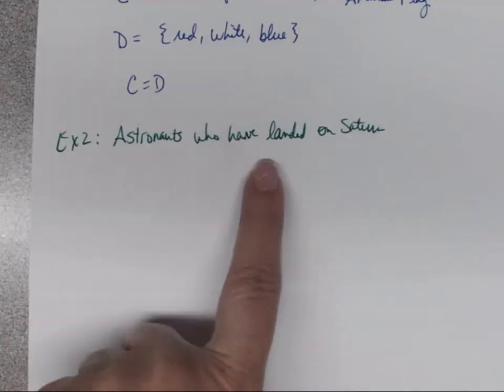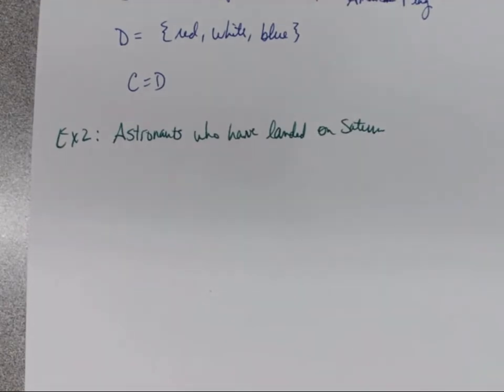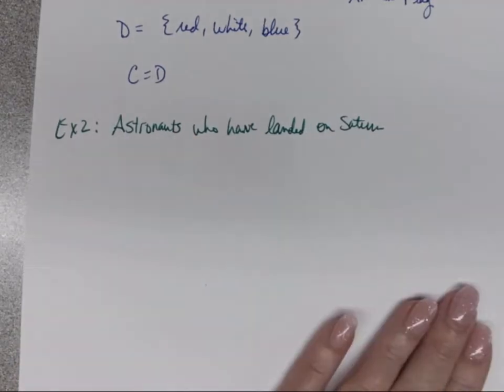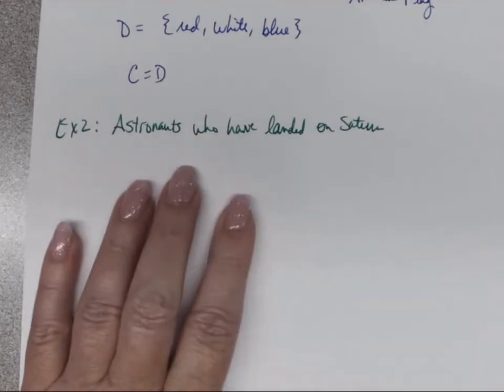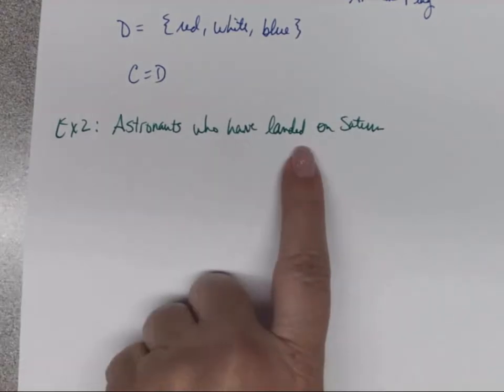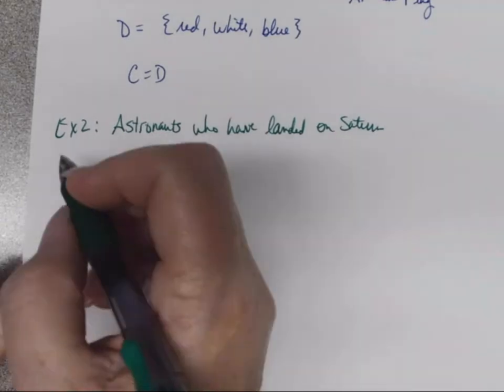So we couldn't say who have landed on the moon because people have. We can't say the astronauts who have gone into space because they have, but astronauts who have landed on Saturn. We've looked at Saturn through telescopes, but nobody has landed on it, so that would be the empty set. All right, let's look at another example.